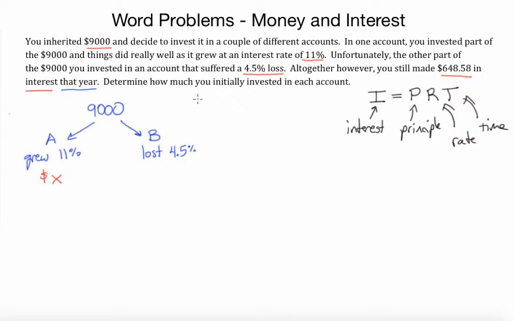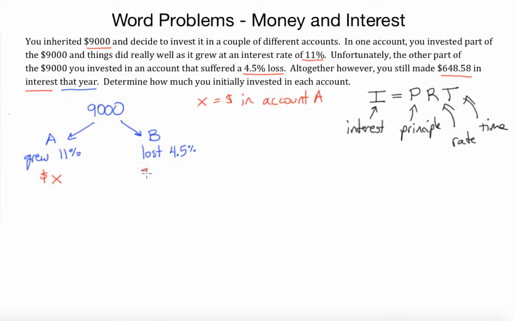So X is the money in account A, the one that grew. Well, if X amount of the $9,000 is put in A, then what do I have left?